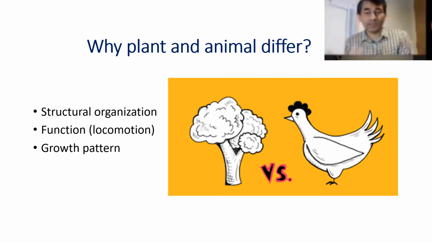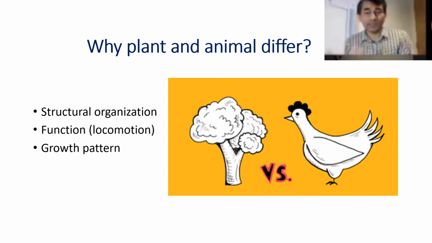Now, plants are immobile. They are in one place. They do not move on their own unless someone moves them from one place to another. Whereas animals move. Why do animals move? Because they have to eat food. To eat food, they have to search for food.